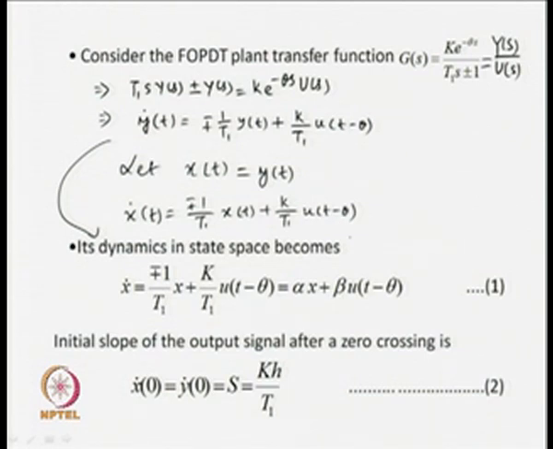Let us assume x dot (t) to be expressed in the standard state equation form of x dot (t) is equal to alpha x plus beta u(t minus theta), where alpha is now minus plus 1 upon T1 and beta is equal to K upon T1. Why are we writing this in the standard state equation form?